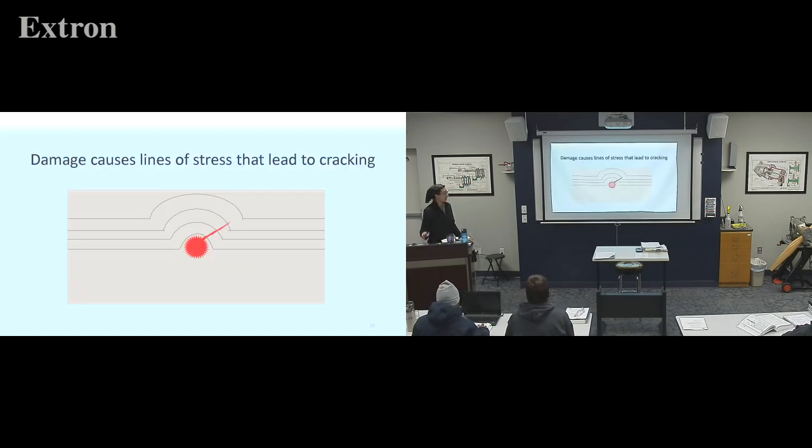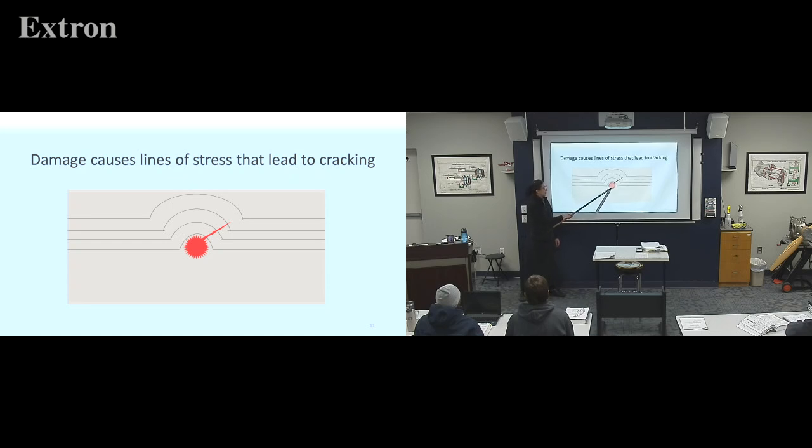So here is what it looks like if you have a nice piece of sheet metal and pow, somebody shot you. Oh no. Normally all these lines of stress, as that structure is flexing and bending and taking on all kinds of stress, would just run straight across.